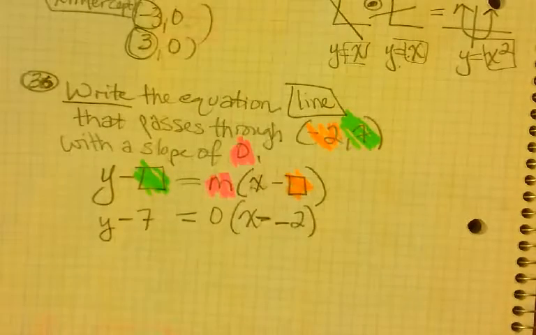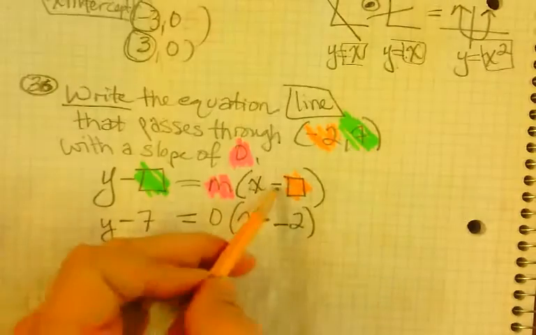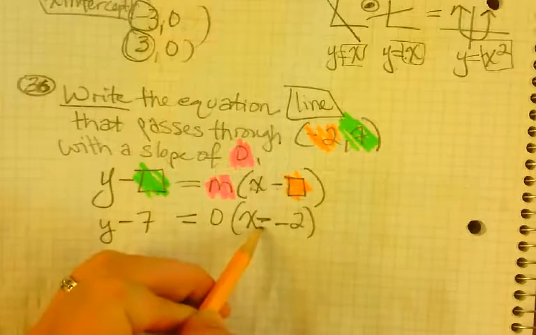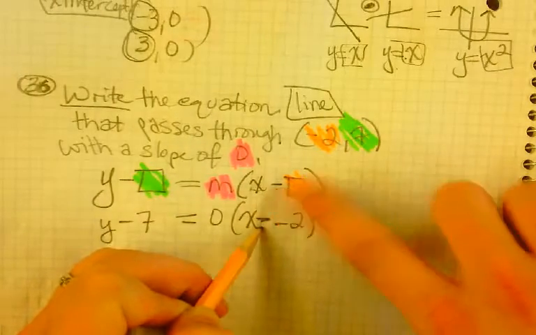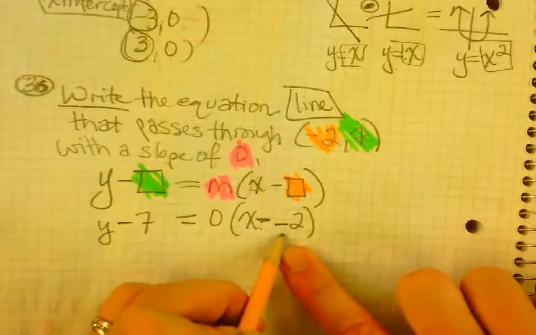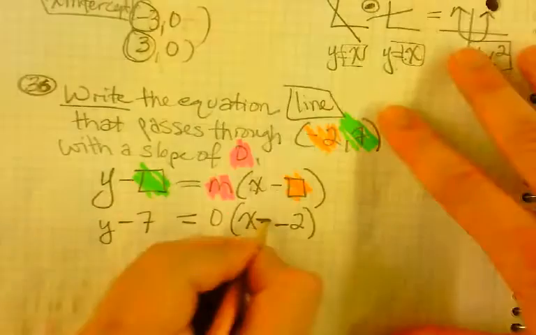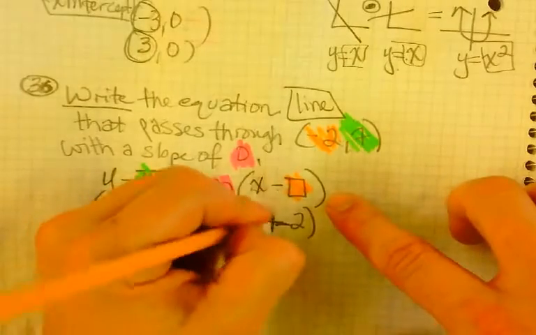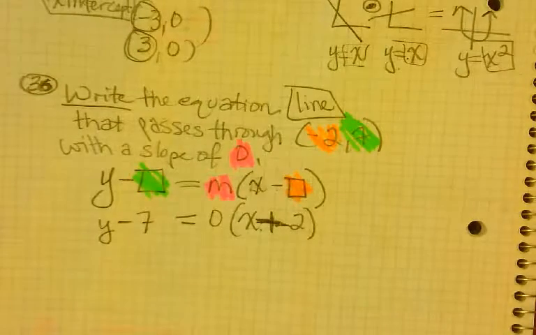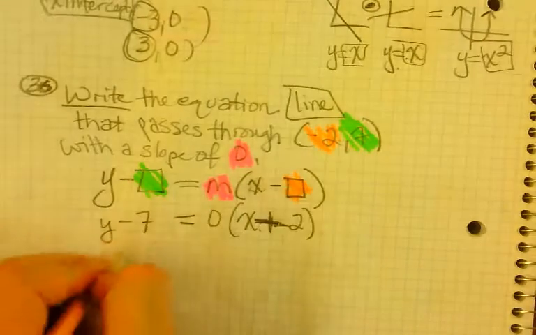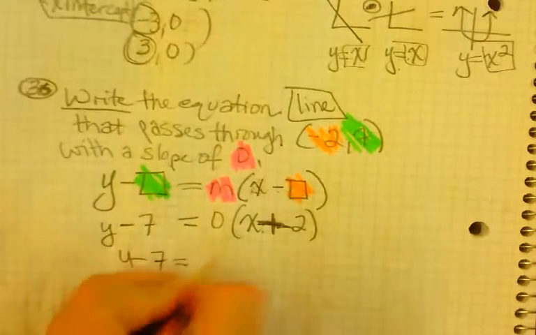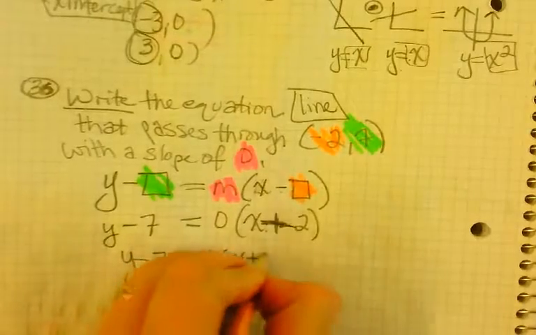Muy bien. All right. Negativo está aquí. Y x igual negativo 2. So, negativo, negativo. Arnaldo, ¿qué es el negativo, negativo? Positivo, ok. Cambio este negativo a positivo aquí. All right, bud. So, we have y minus 7 equals 0 times x plus 2.